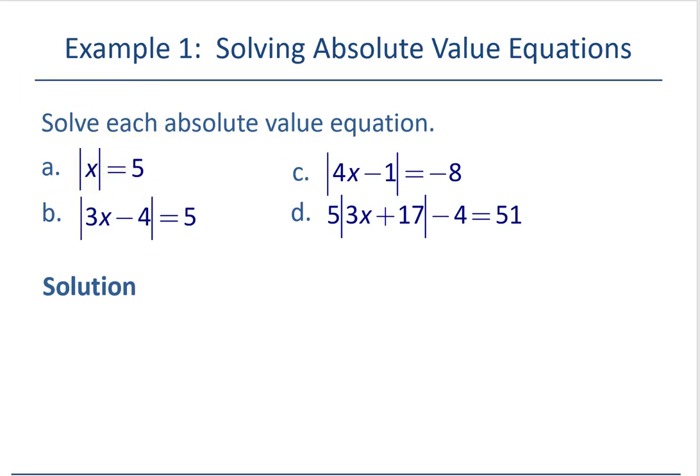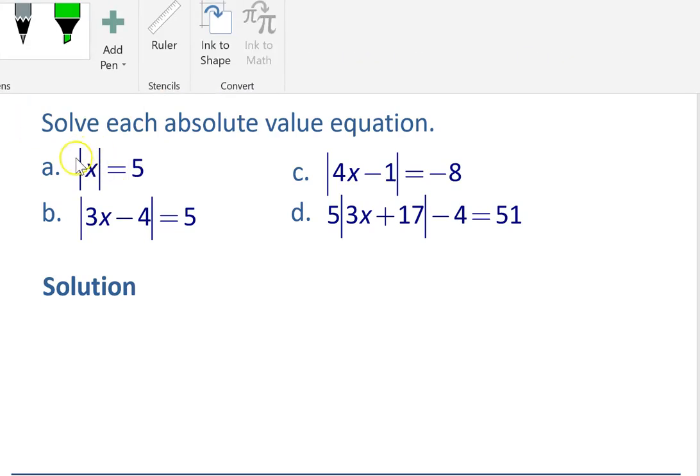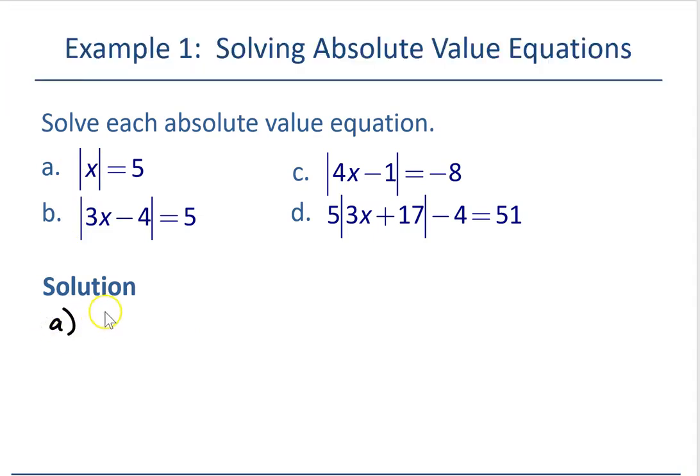If I think about this on a number line, going from 0, where could I be? x can either be 5 or -5, because remember, we're just looking at distance here. Now let's look at b.